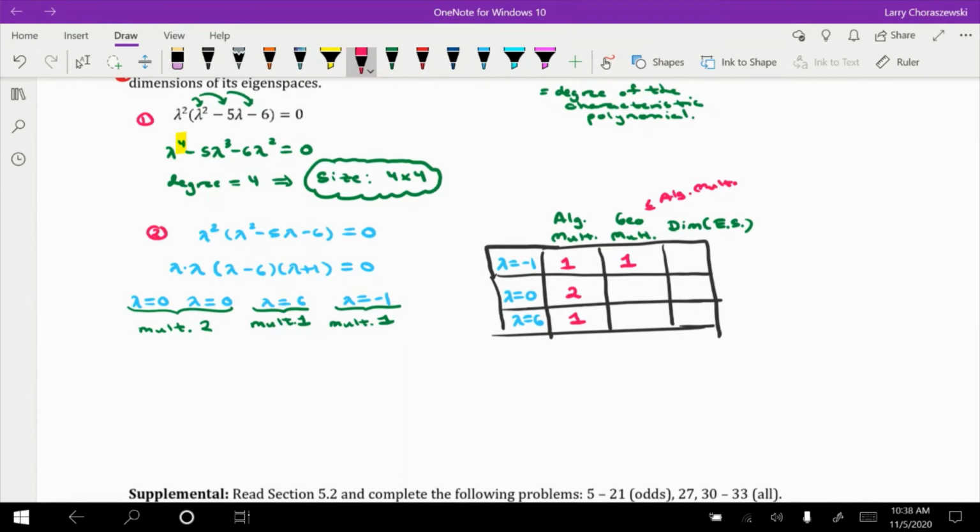For the geometric multiplicity of lambda equals 0, though, there are two possibilities for the geomult. There could be one basis vector for lambda equals 0, or there could be 2, since those two numbers are less than or equal to 2. And then for lambda equals 6, what do you think the geometric multiplicity is going to be? Right.